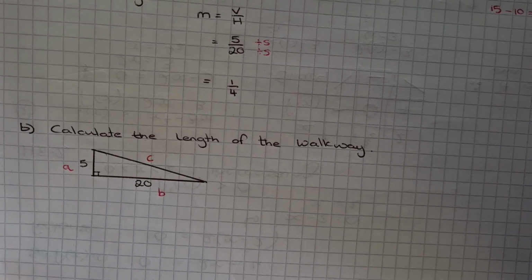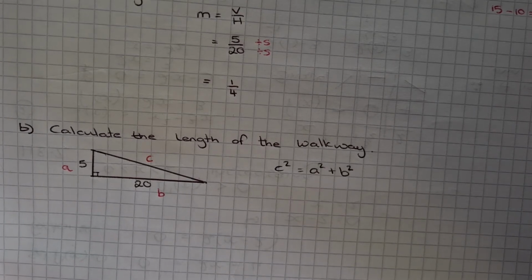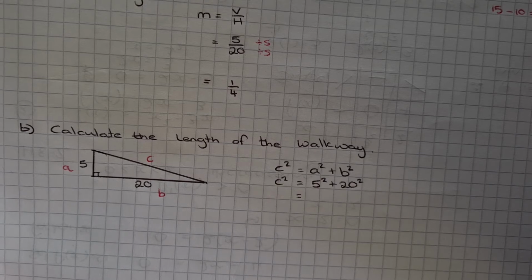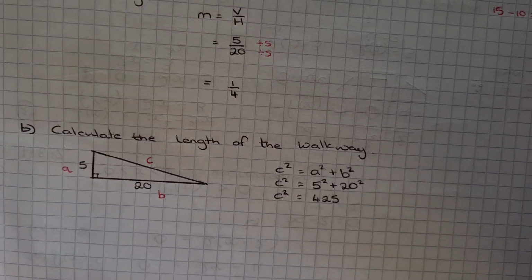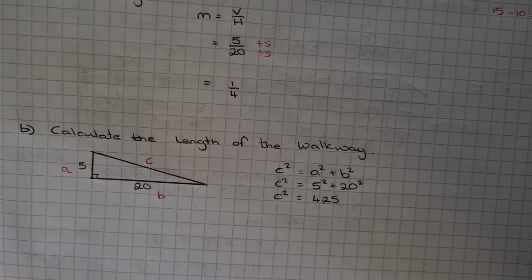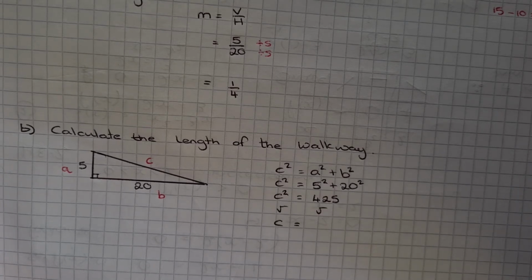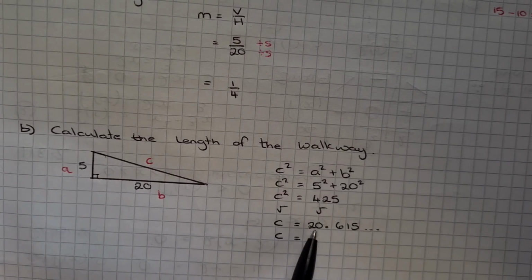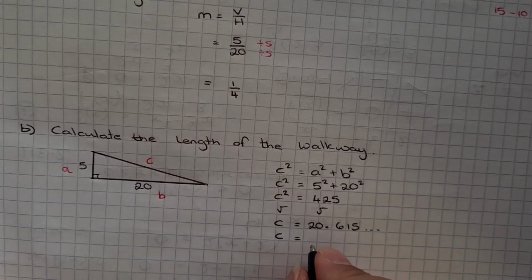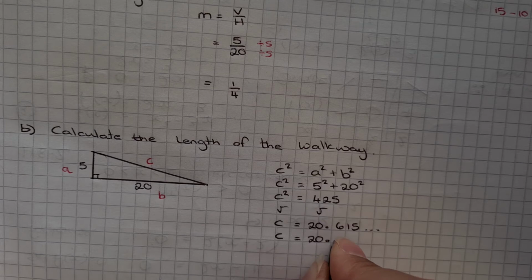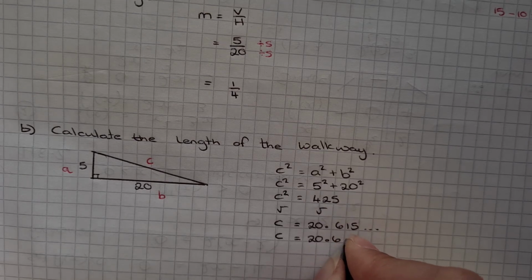So we're just using the normal Pythagoras formula, c² = a² + b². Put in the numbers, pop it in your calculator, and you get 425. Square root both sides, and you should get 20.615, it keeps going. I'm just going to round it to one decimal place, so 20.6, and it's meters.